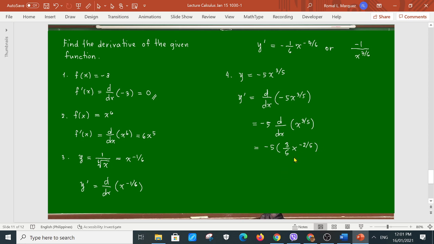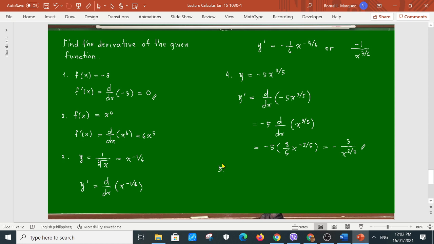And finally, it is equal to negative 3 over x to the 2 fifths, or you can also write x to the negative 2 fifths if you want. Okay? Question, guys?